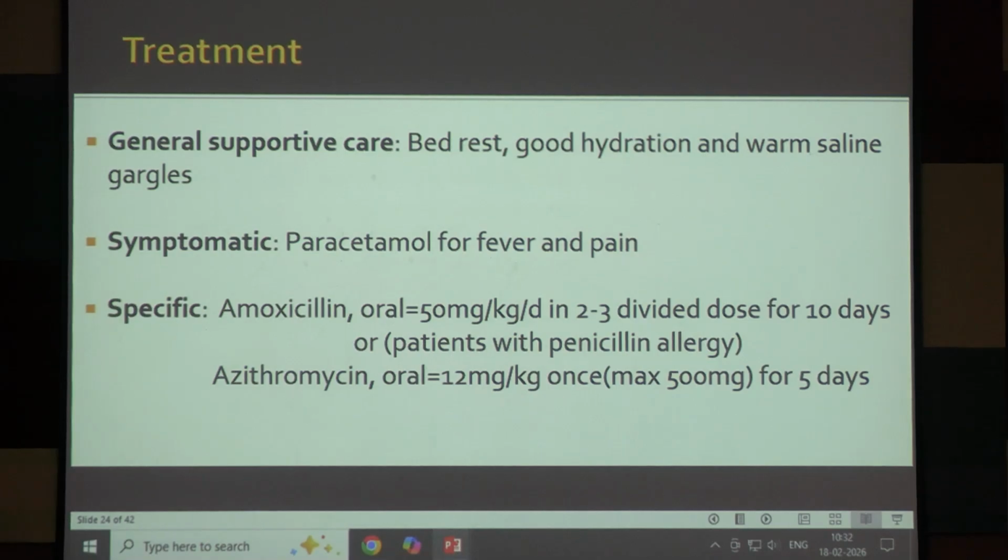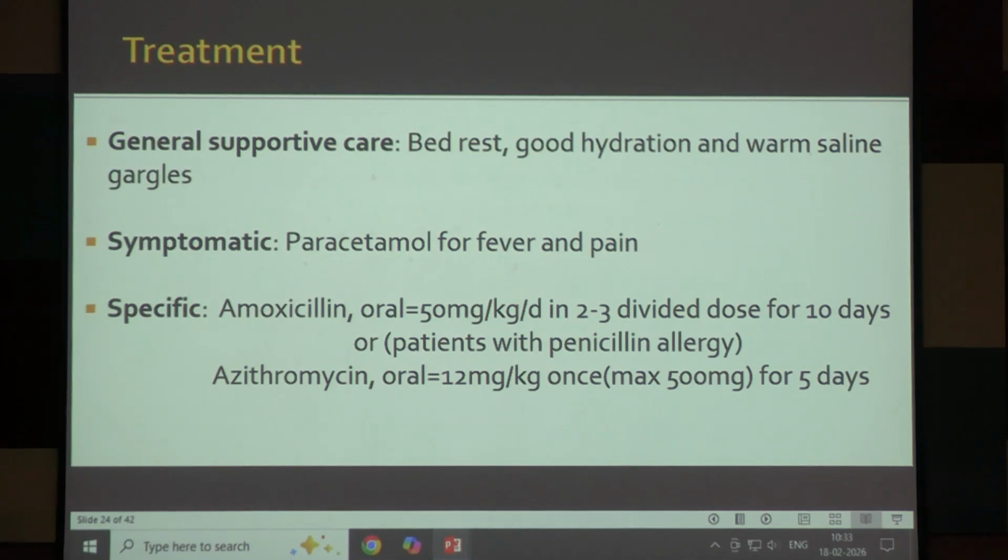And paracetamol for fever and pain, and specific for the bacteria, antibiotic, that is amoxicillin, dose 50 milligram per kg per day in 2 to 3 divided doses. Okay. And it will be given for 10 days.